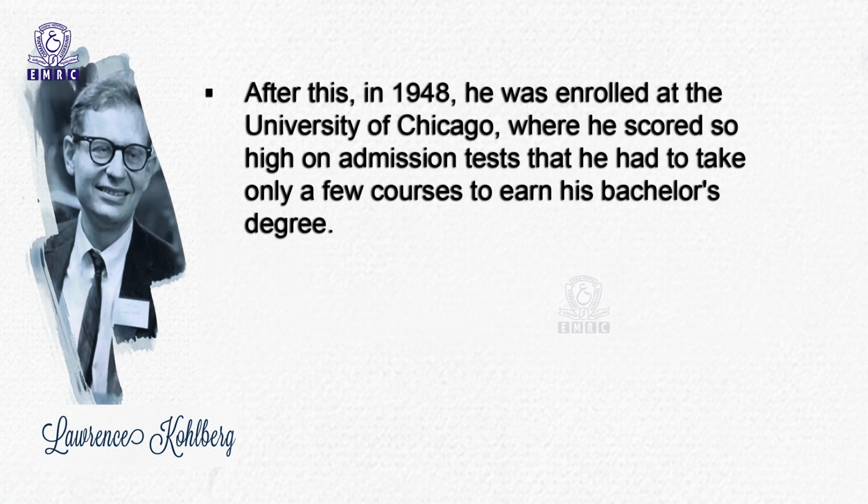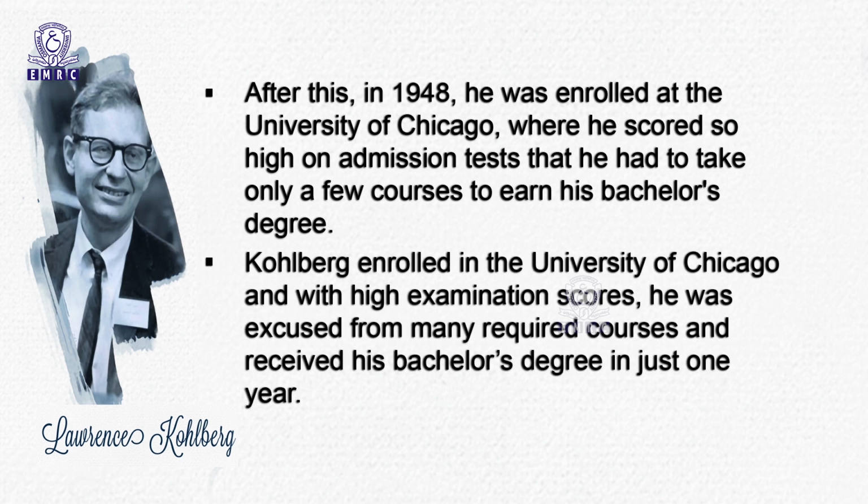After this, in 1948, he was enrolled at the University of Chicago, where he scored so high on admission tests that he had to take only a few courses to earn his bachelor's degree. With high examination scores, he was excused from many required courses and received his bachelor's degree in just 1 year.